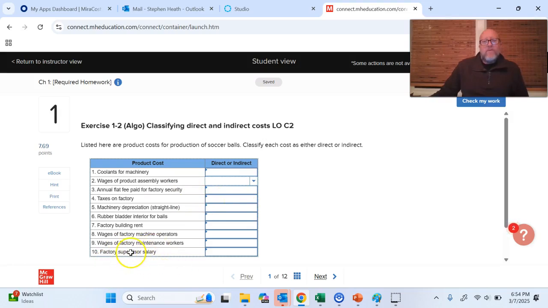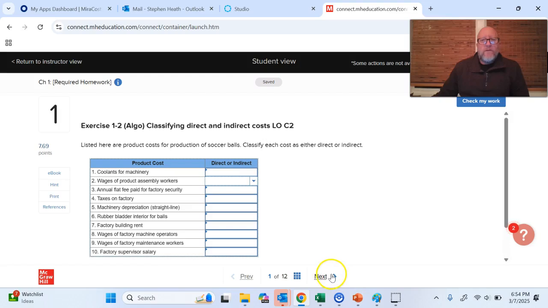Factory supervisor salary, I'm thinking that's indirect, right? We can't tie it to a specific product. The assembly wage workers seem like we would be able to tie to a specific product.